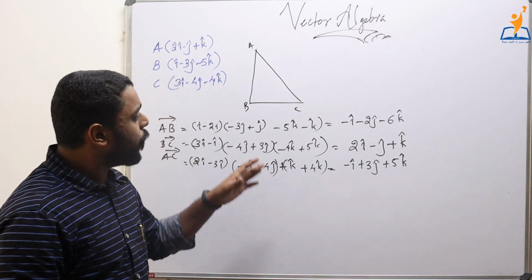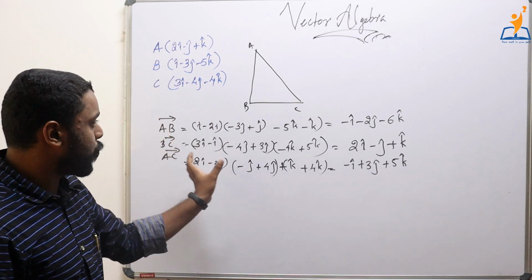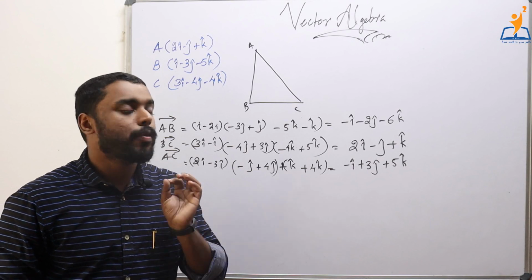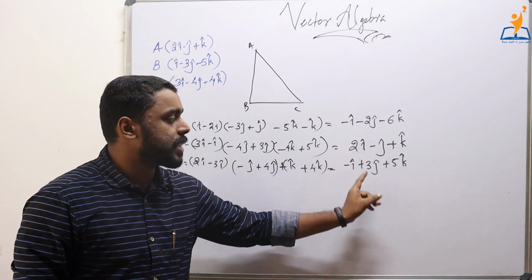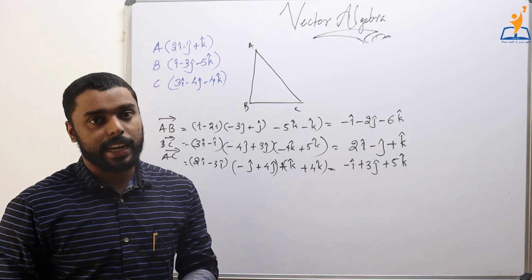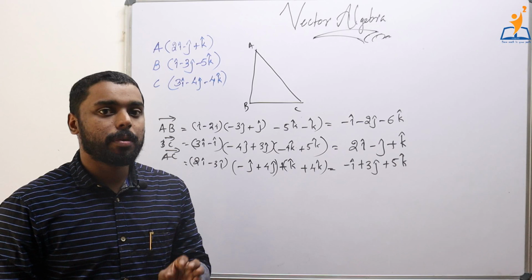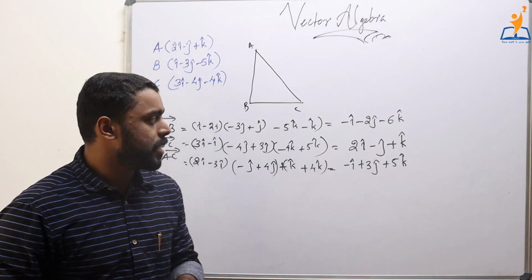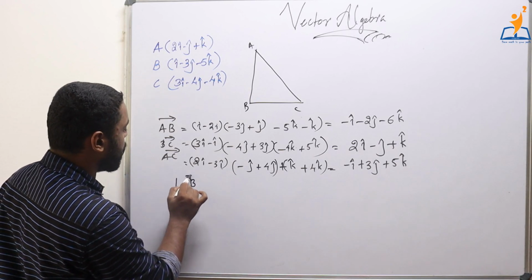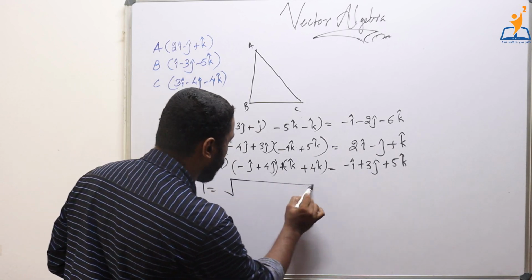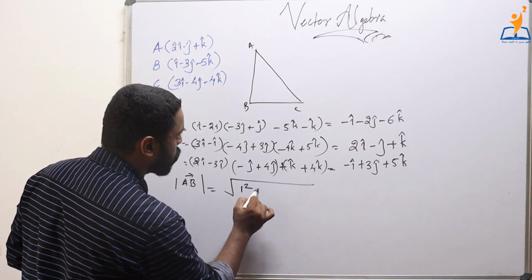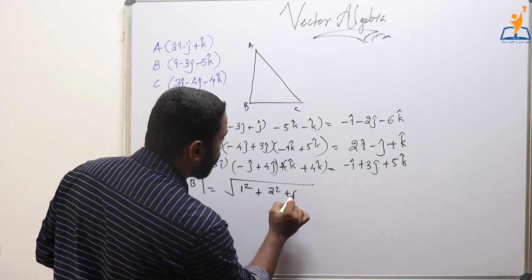Now we have to verify whether these sides form a right angle triangle or not. Since we have obtained the three sides, we can find the magnitude of each side. The modulus of vector AB is nothing but the square root of the squares of each component, which is 1 square plus 2 square plus 6 square.